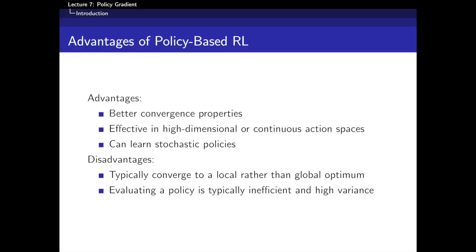Another big one is that these methods are effective in continuous action spaces or high-dimensional action spaces. With a value-based method, you have to work out how to compute the max. And I would say this is probably the number one reason to use policy gradient methods, is they circumvent the requirement to have this max. If we're doing something like Q-learning, or indeed something like SARSA, there's always a maximization.